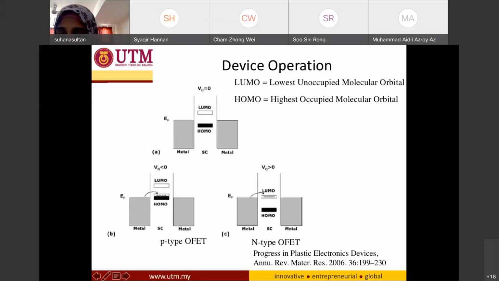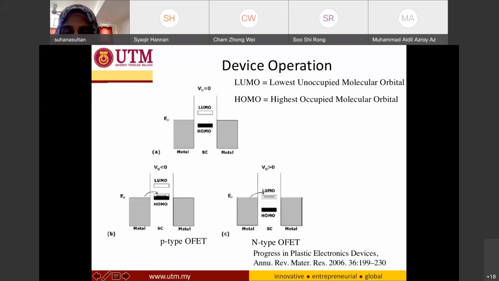The Fermi level of the source drain metals must be close enough to the LUMO level of the organic semiconductor, so electrons can be injected from the source drain metal. Thus, the N-type is realized.